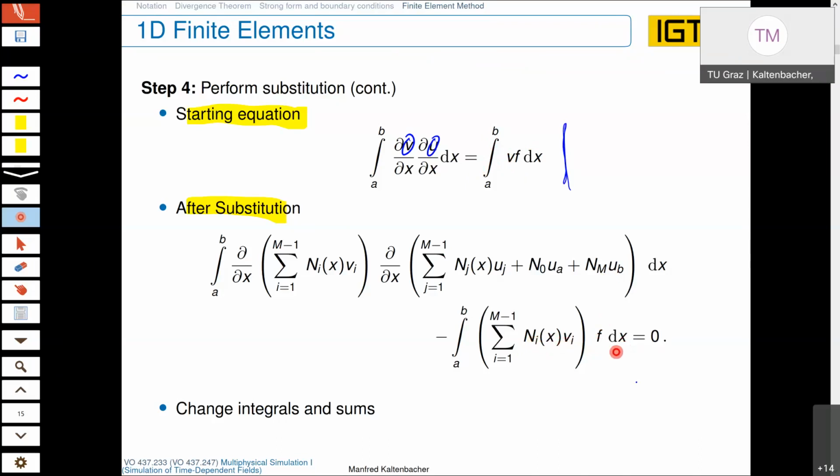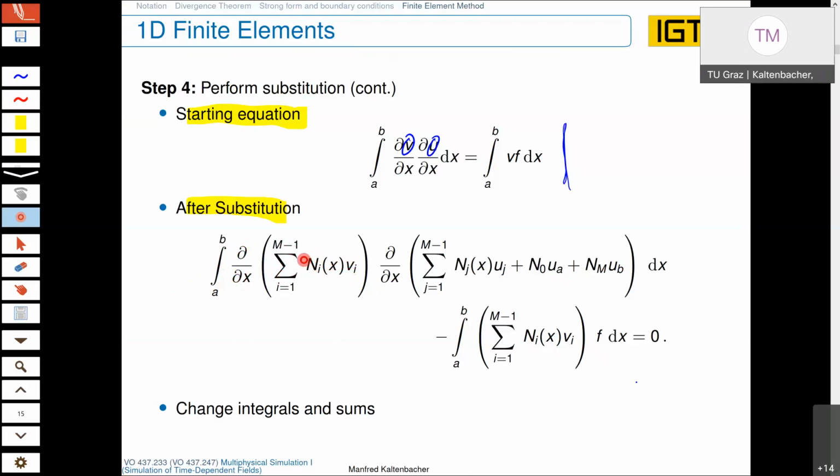Yeah, and now we can do a lot of steps in order to rearrange terms. So the first one clearly is you can put the sum here out of the integral. Furthermore, this spatial derivative you have to apply on such a product. Yeah?